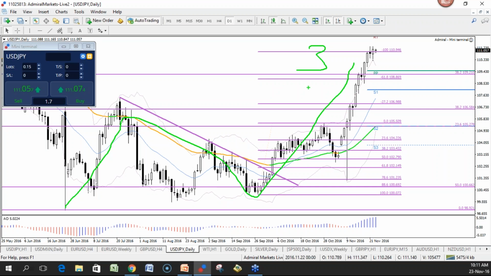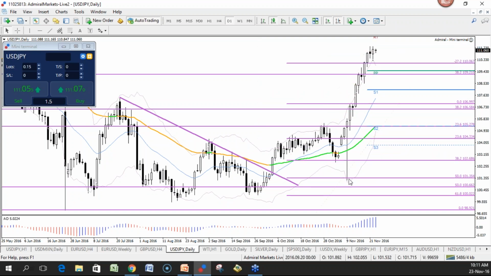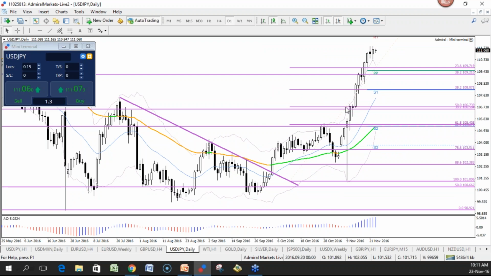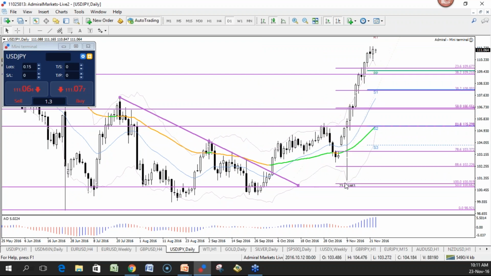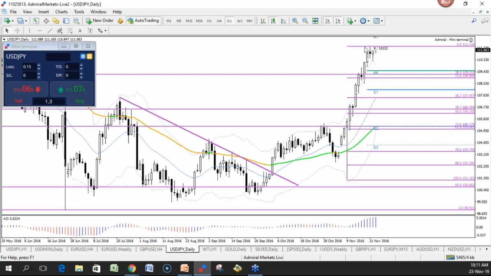A wave 3 has to push high and far. So what I would not expect is price to make a substantial correction. If it is a wave 3, it should not correct too much, which means I would not expect price to move more than 107.50.